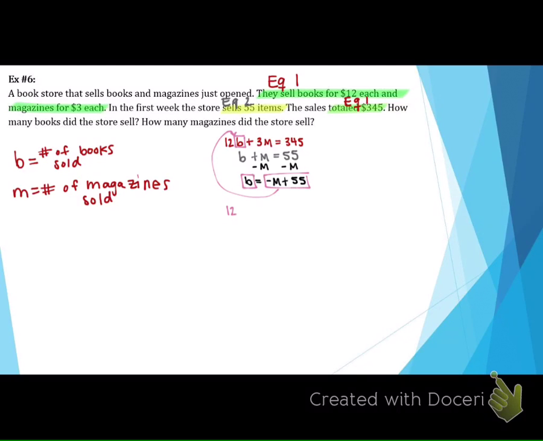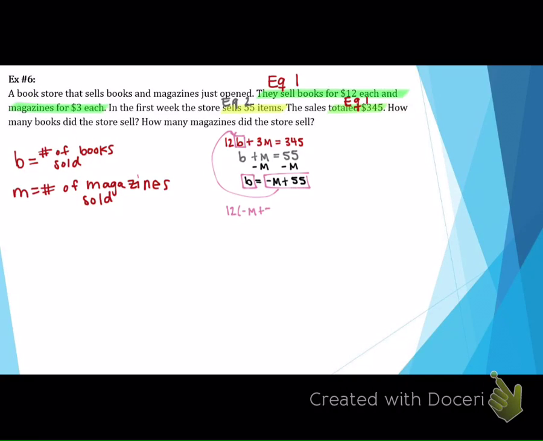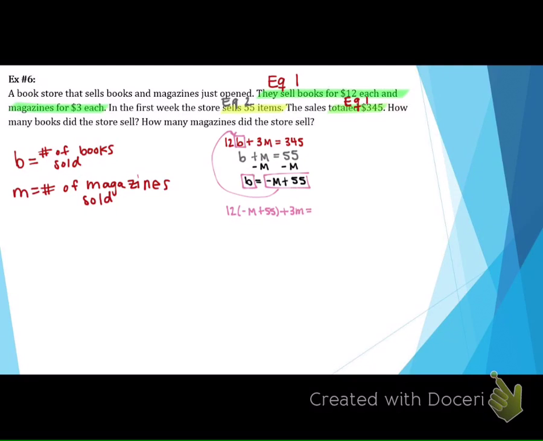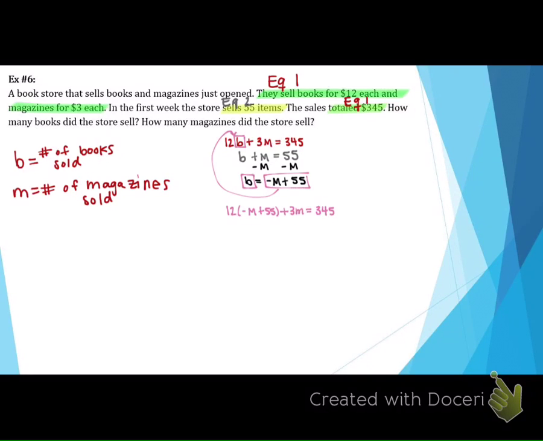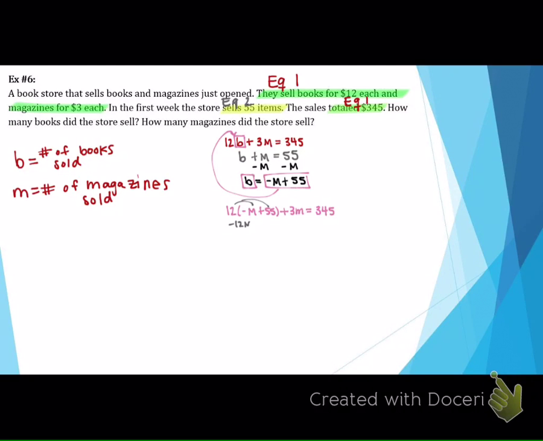So I have 12 times negative M plus 55 plus 3M equals 345. So I distribute. Does somebody have a calculator?